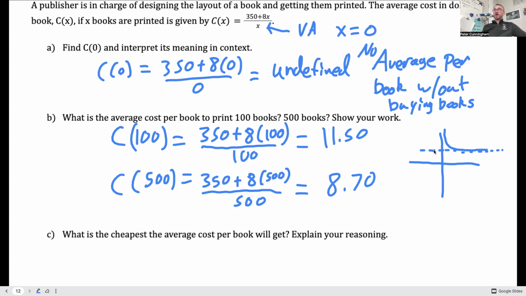How much will the book cost no matter what, no matter how much we go down? So let's think about it first. What is my horizontal asymptote? 8x divided by x is 8.